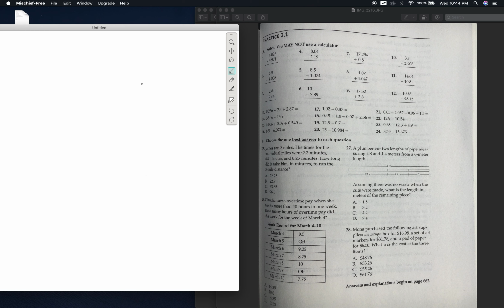Okay. Mona purchased the following art supplies: a storage box for $16.98, a set of art markers for $31.78, and a pad of paper for $6.50. What was the cost of the 3 items? Okay, so that's obviously addition, when it's asking you the total of those numbers. 16.98, 31.78.